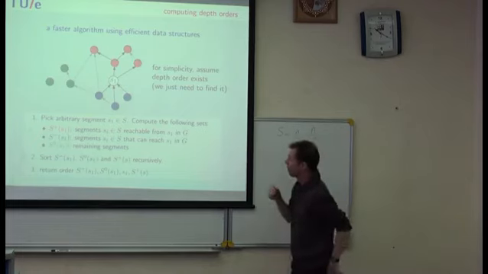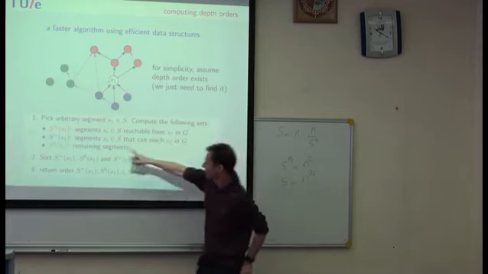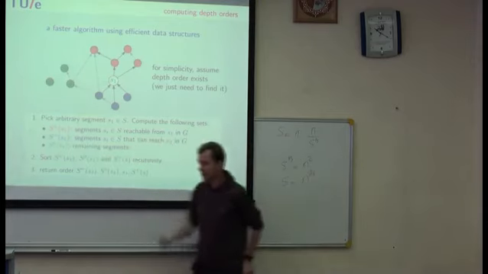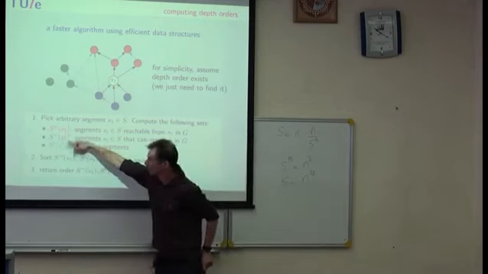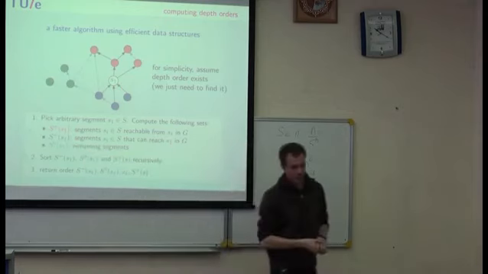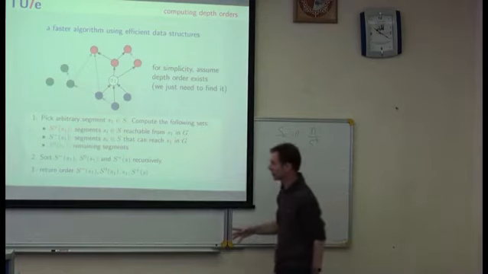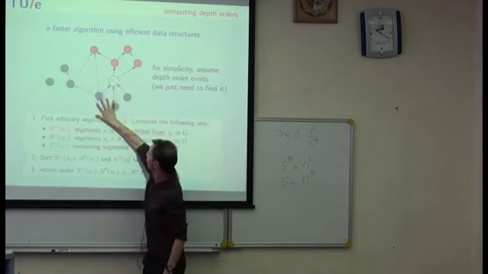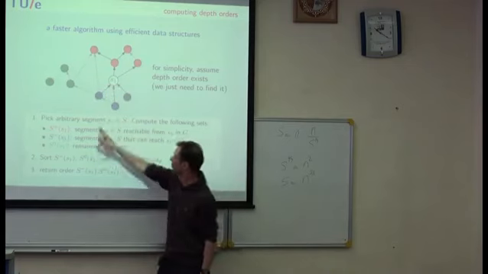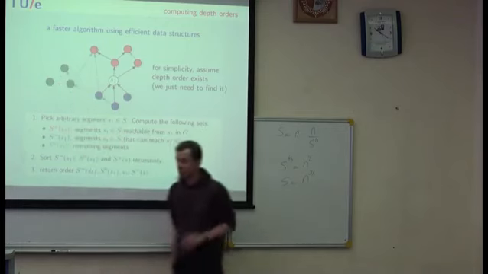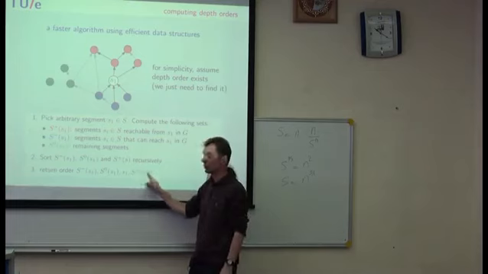Now what I'm going to do is find these three sets, sort them recursively, and now I claim that the correct order is first all the blue ones, then all the green ones, then S1, and then all the red ones.